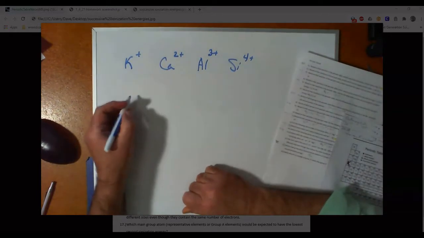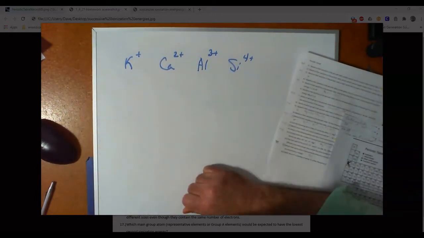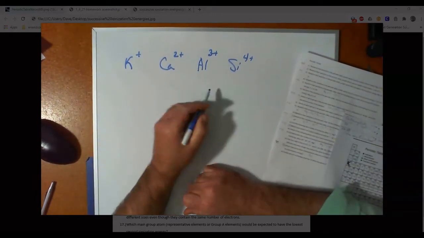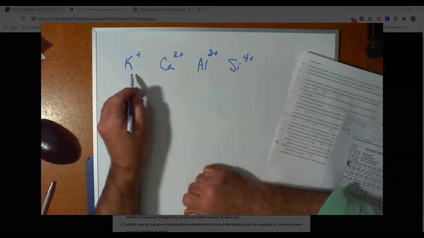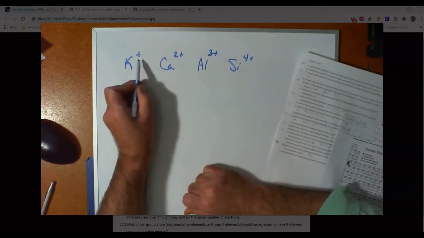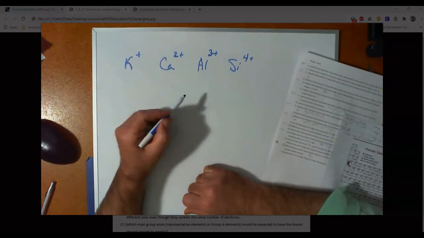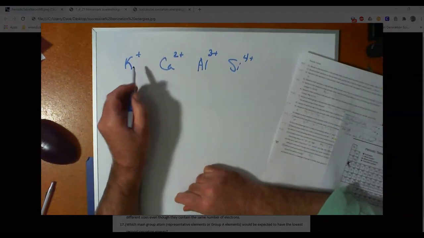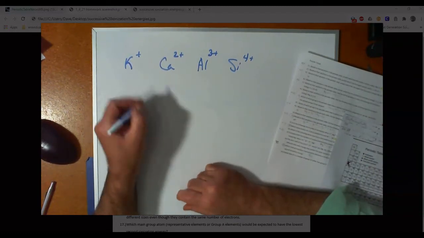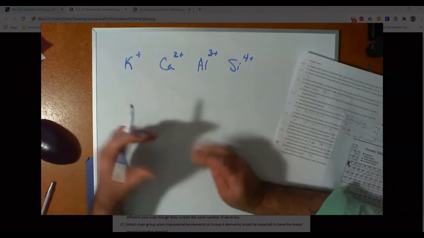generally speaking, when we're comparing the sizes of ions, we have to remember that a positive ion or a cation forms by losing electrons. So positive ions are always going to be smaller than the atoms they come from because you've lost an outer electron. So the whole thing gets smaller.